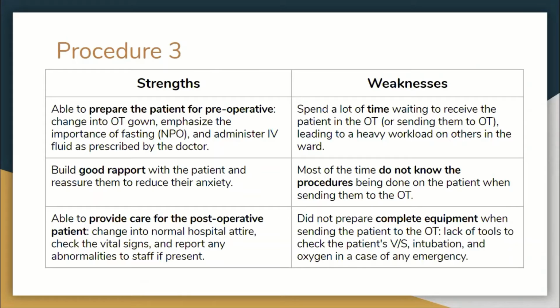Second, we were able to build a good rapport with the patient and the family to reassure them and reduce their anxiety. Thirdly, we were able to provide care for the post-operative patient, such as changing into normal hospital attire, checking their vital signs to detect any abnormalities, and reporting any abnormalities to staff if present.